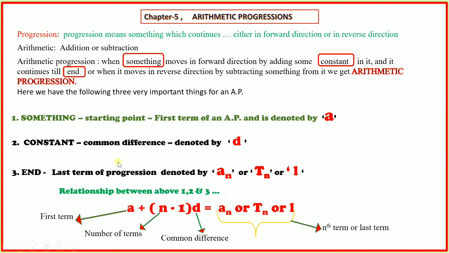You need to remember all these terms. a plus (n minus 1) d is equal to a_n, where a is the starting point, the first term, n is how many terms are involved in that AP, d is the common difference of any two terms, second term minus first term, and a_n is the last term.